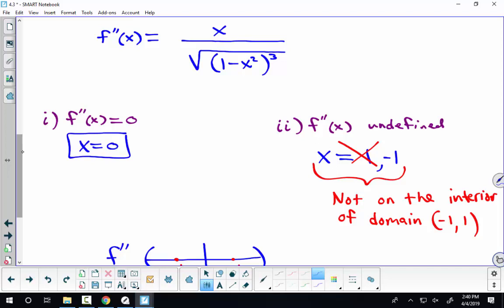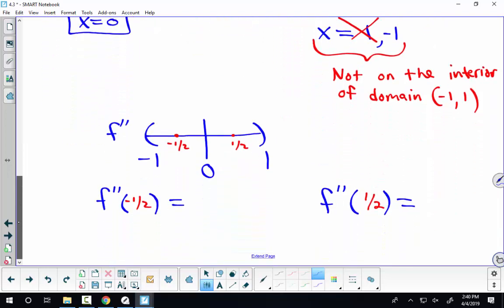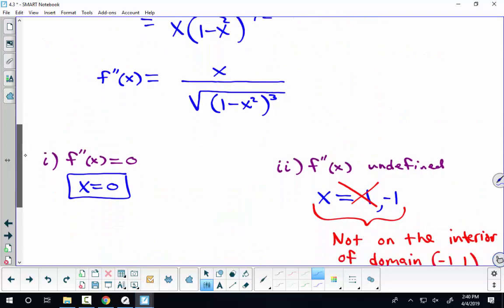So what would f double prime of -1/2 give us? Let's just plug that in. We can use either version, doesn't matter.